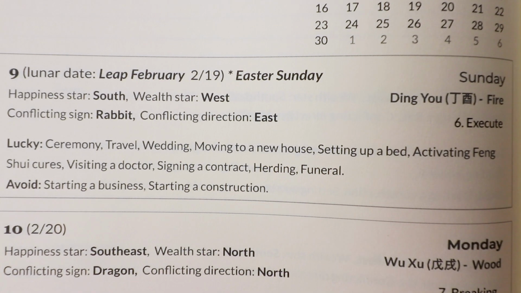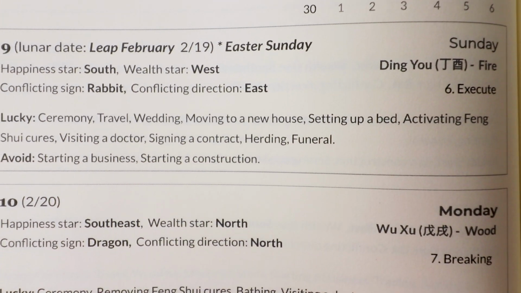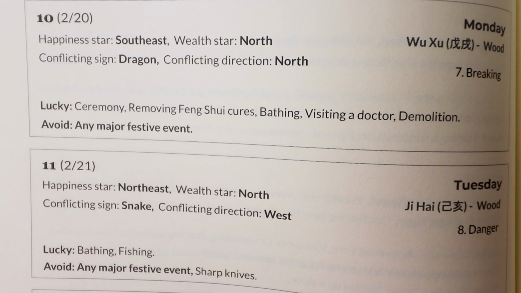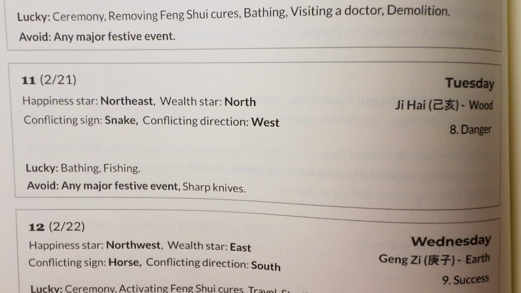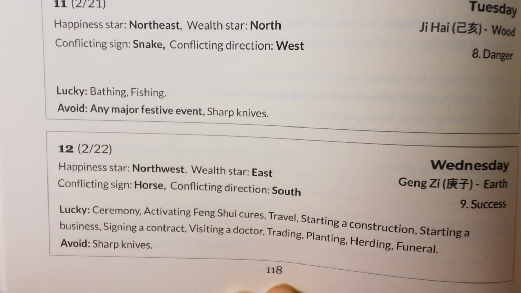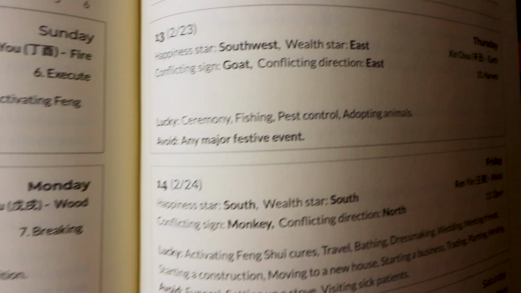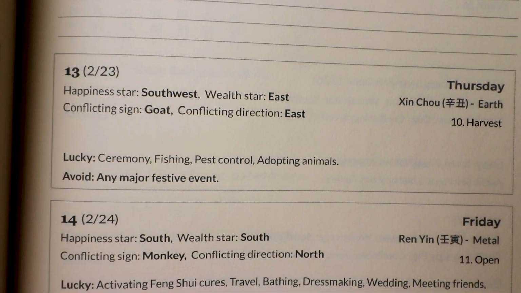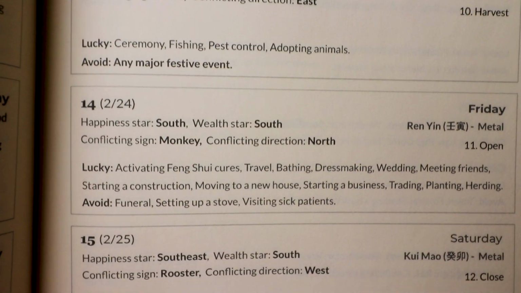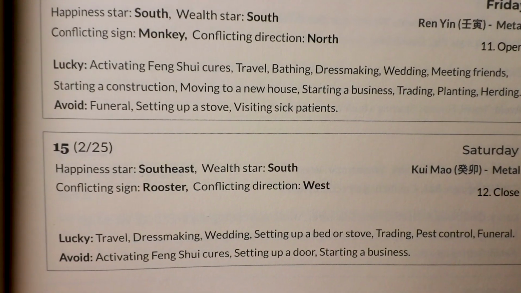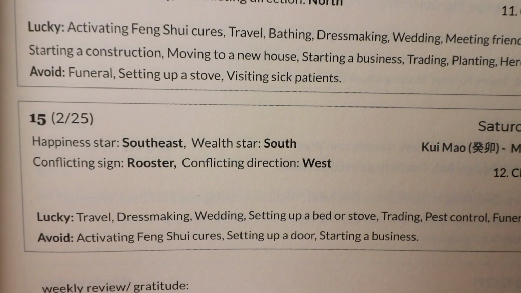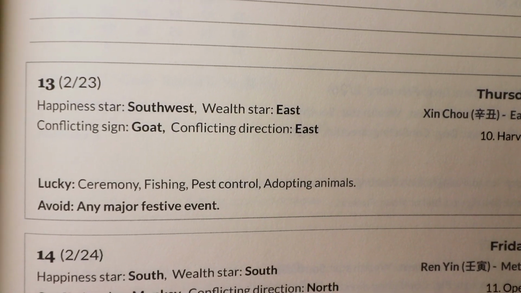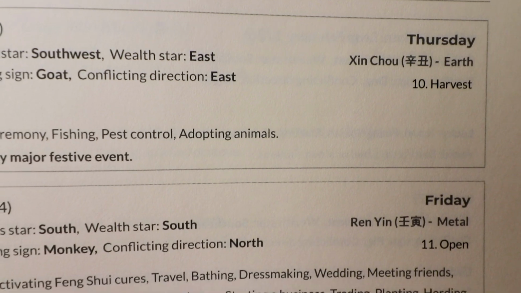So how do we use the calendar to find your lucky direction and the lucky timing? The Feng Shui calendar is usually by the year. So the first thing is to pick a lucky day for your event. For example, if you are getting married, if you have a big trip, if you have a big meeting, an interview, or a special exam, if you have a choice, we can select a lucky date first.